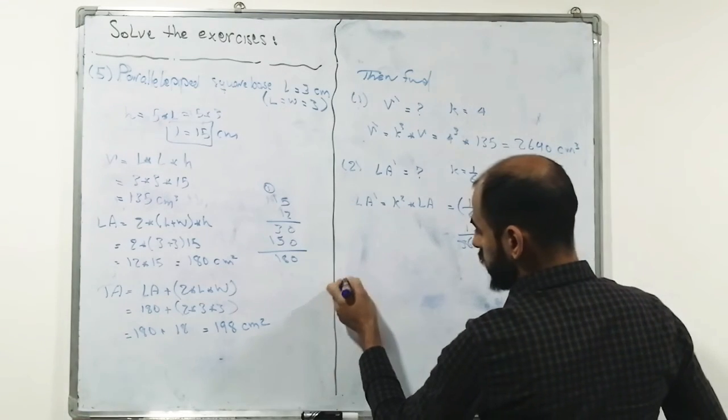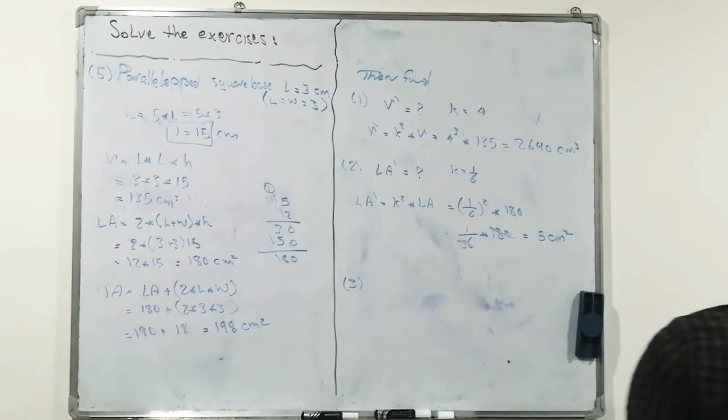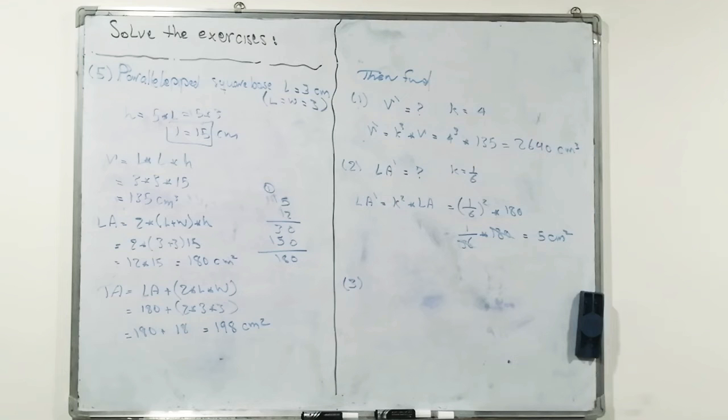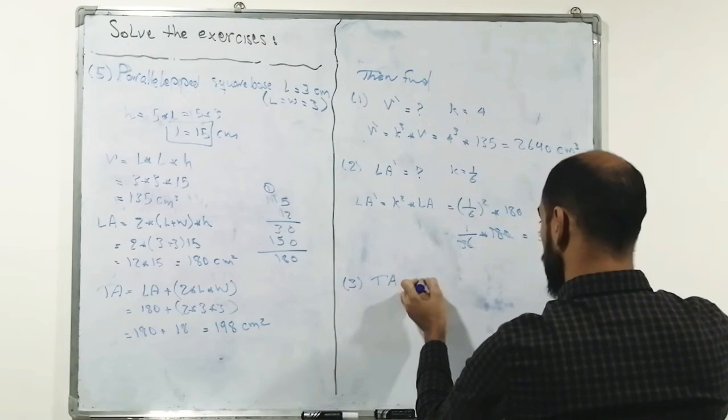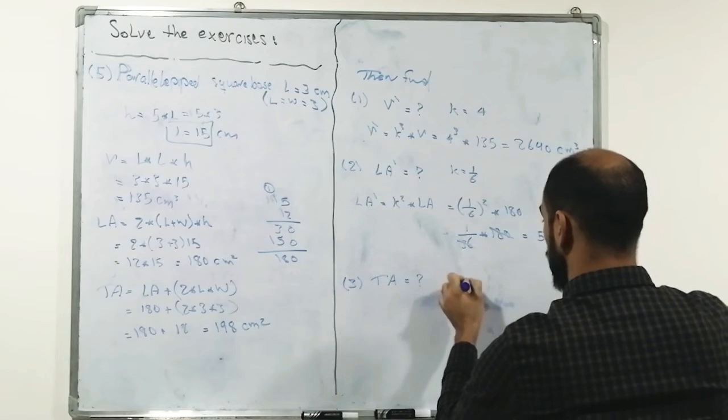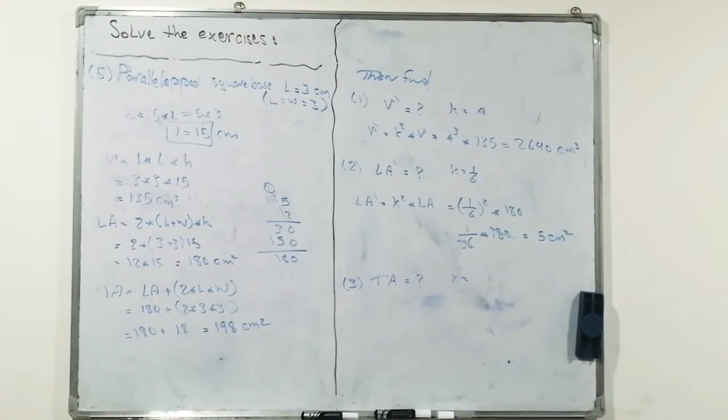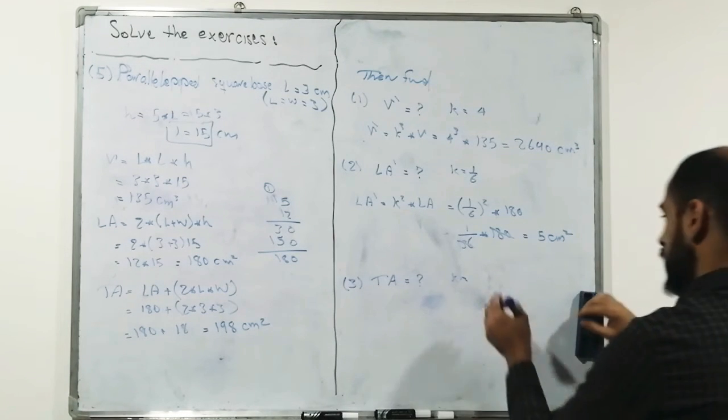Now the second part of the shape: find its total area under the effect of dilation coefficient 1/13.